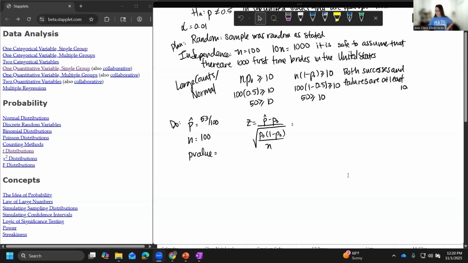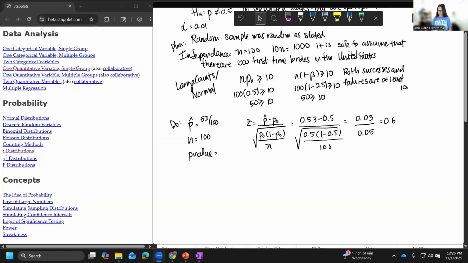So we're going to take 0.53 minus 0.5, and we're going to divide that by the square root of 0.5 times 1 minus 0.5 divided by 100. So 0.03 divided by 0.05 gives us 0.6.